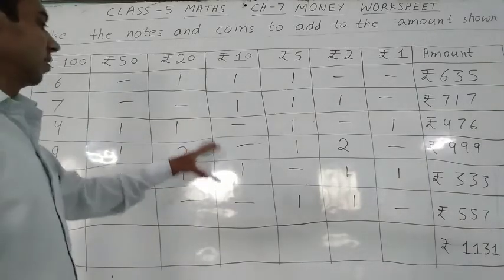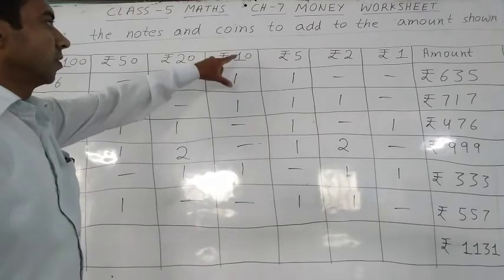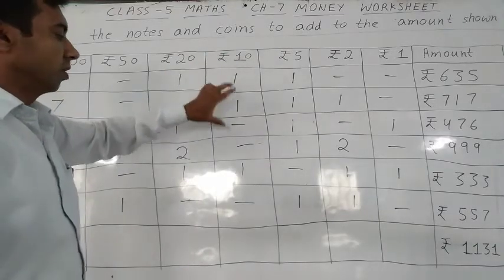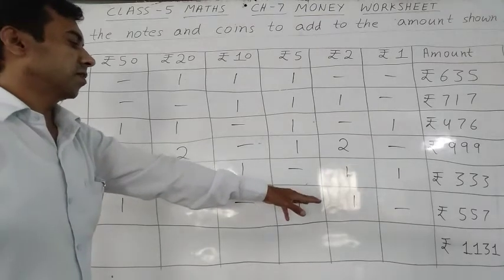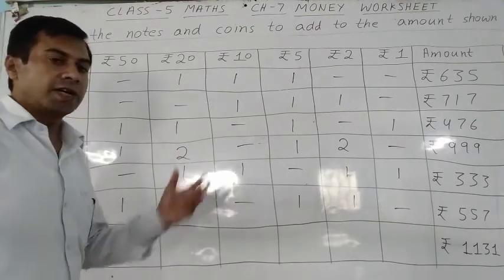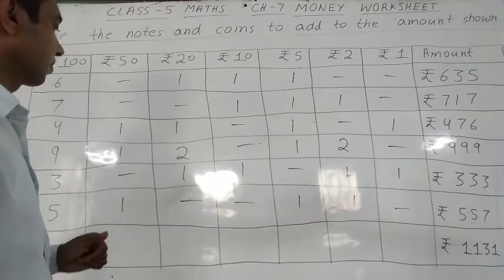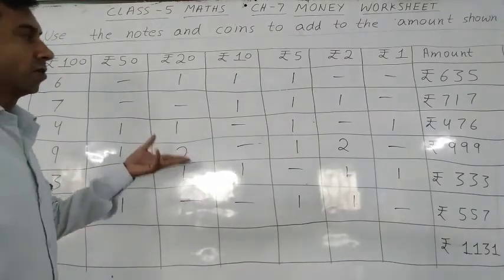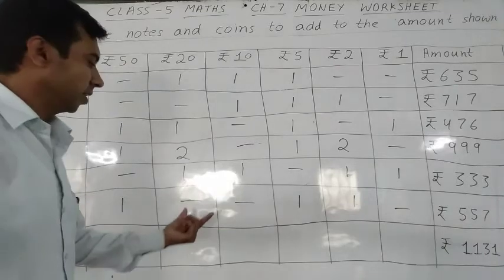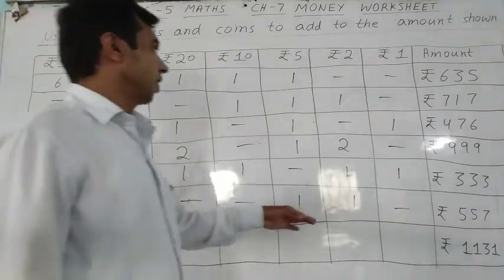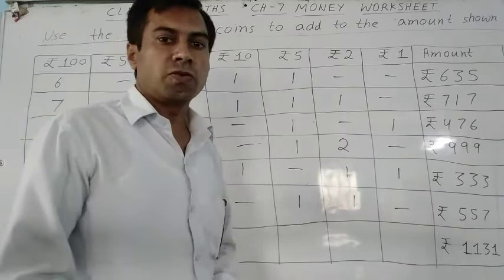We can take 5 10 rupees coins also. Student, 5 into 10, 50, and then 1 5 rupee coin and 1 2 rupee coin. We can make it in this manner also. We can take 2 20 rupees notes and 1 10 rupees note. We can make it 50, and then 1 5 rupee coin and 1 2 rupee coin.